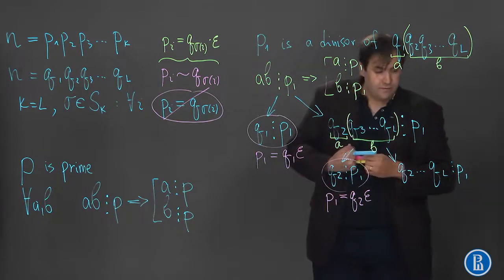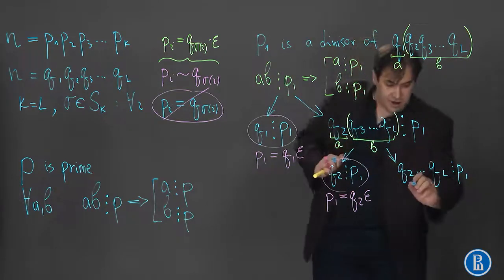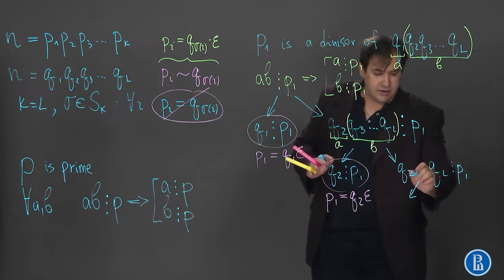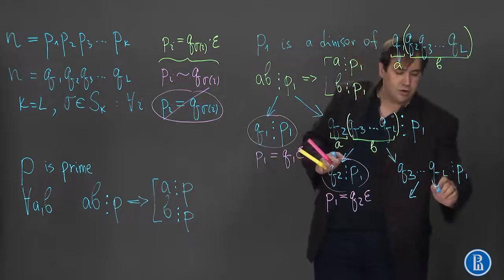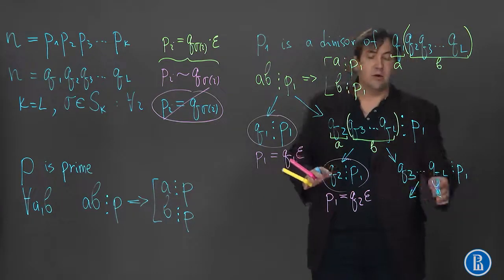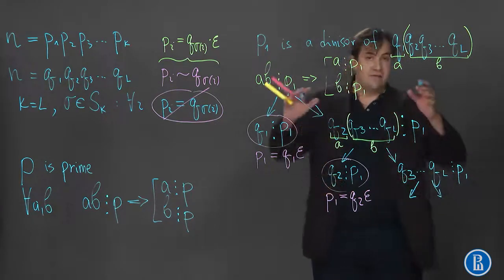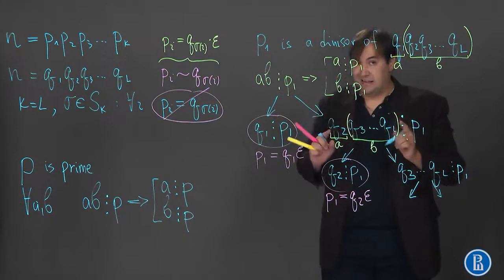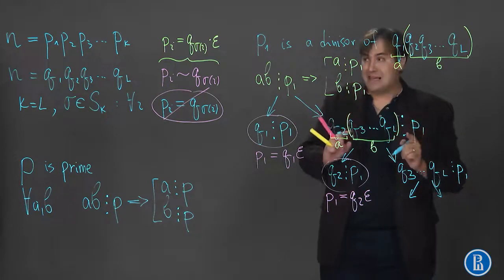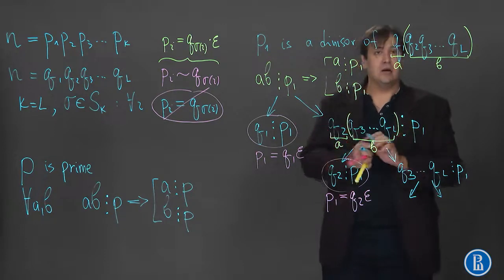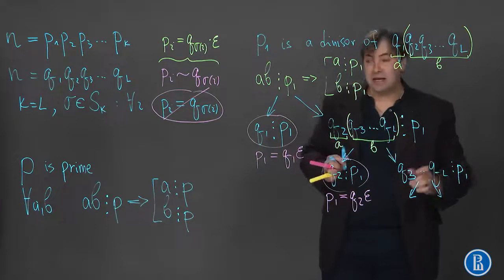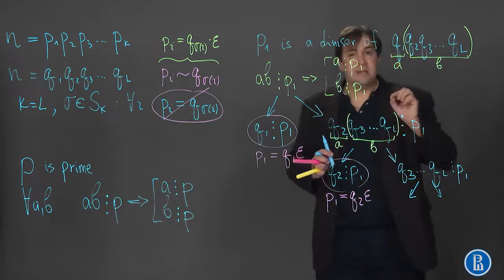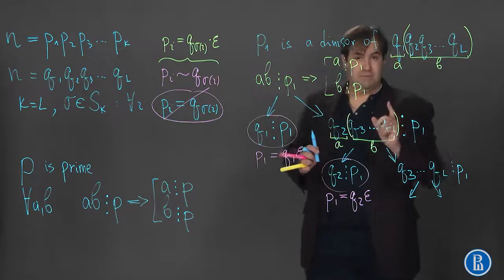Or from here we'll have several other cases, either Q3, or all other elements, and so on and so on. And eventually we will certainly find such an element in the second decomposition, which will be associated with P1.